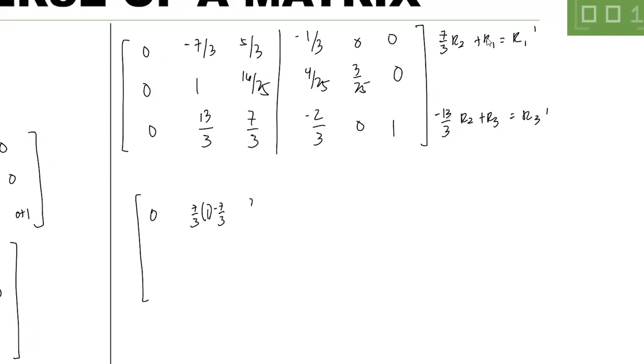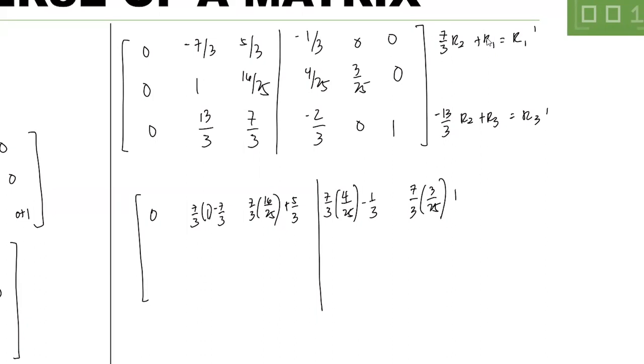Then we have 7 over 3 times 16 over 25 plus 5 over 3. Okay. So we have 7 over 3 times 4 over 25 minus 1/3. And then 7 over 3 times 3 over 25 plus 0. And then we have yung last one, which is 0 na. Okay? So, yung second row naman natin, kopya lang natin.